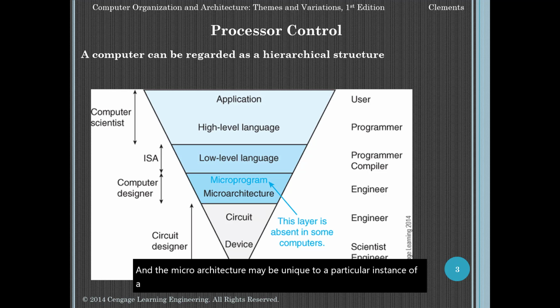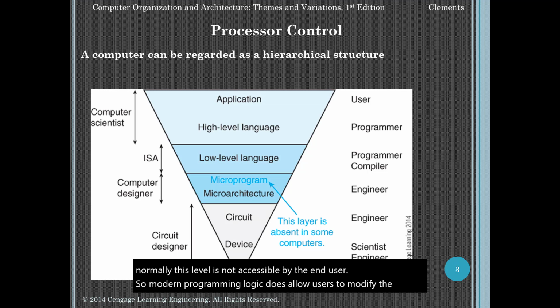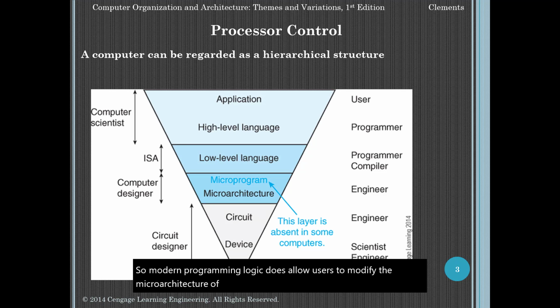So you might have two microprocessors that share the same low-level language, but different microarchitectures. And normally this level is not accessible by the end user. So modern programming logic does allow users to modify the microarchitecture of processors constructed from programmable logic. And really Chapter 7 is about this microarchitecture level.